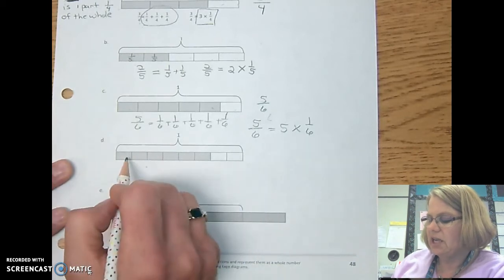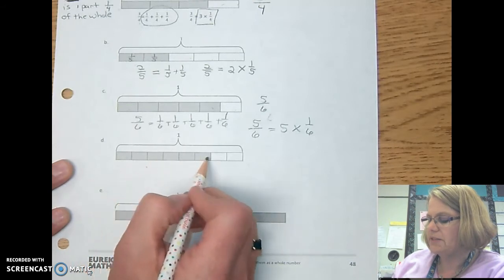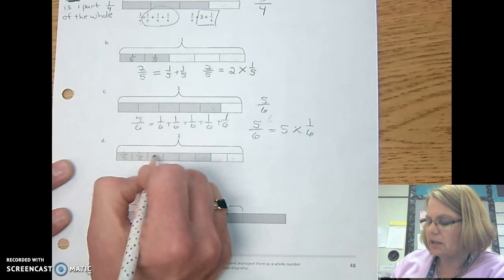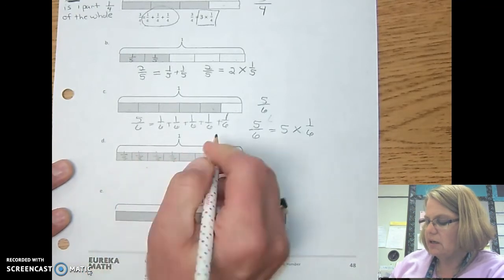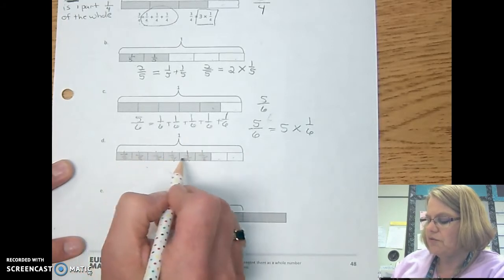Now on D, we have how many parts are in the whole? 1, 2, 3, 4, 5, 6, 7, 8 parts in the whole. So each one of these is 1/8. I can put in the 1/8 here, and I have 1, 2, 3, 4, 5, 6 of them.